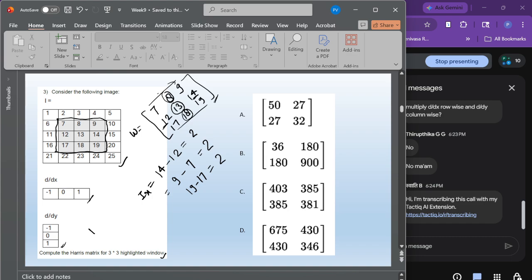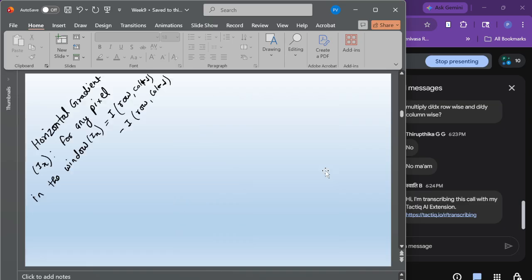For 7, the next column is x plus 1 for row y, so 8 minus 6, which is 2 again, Ix of 7. For 12, 13 minus 11, again 2.